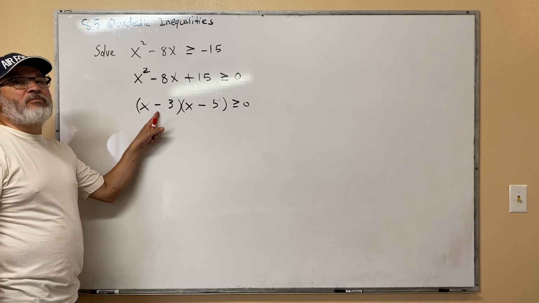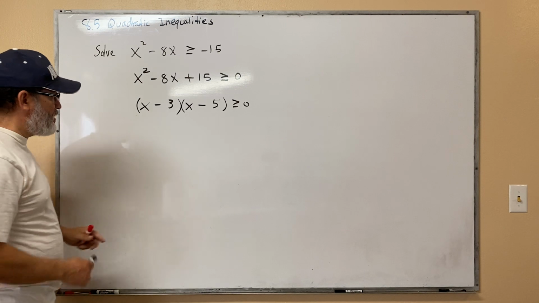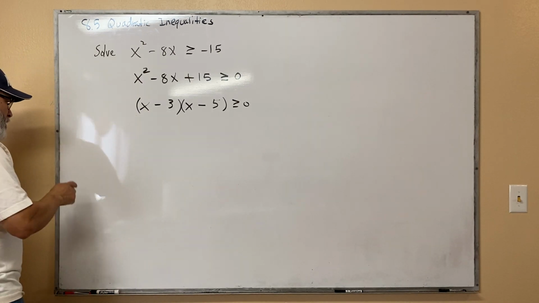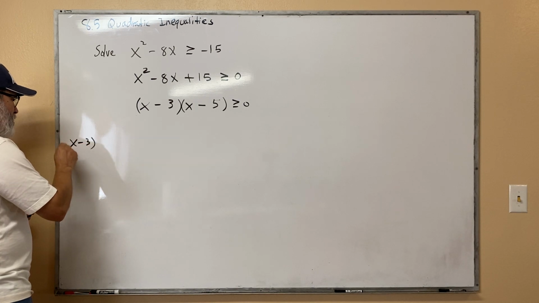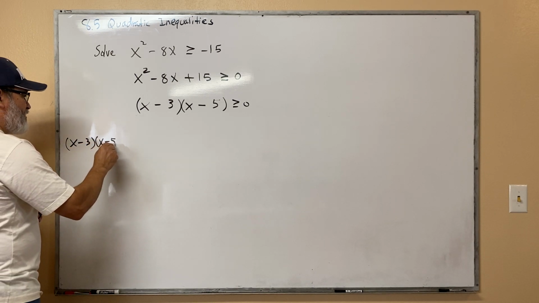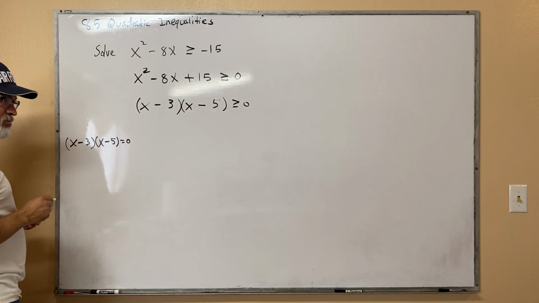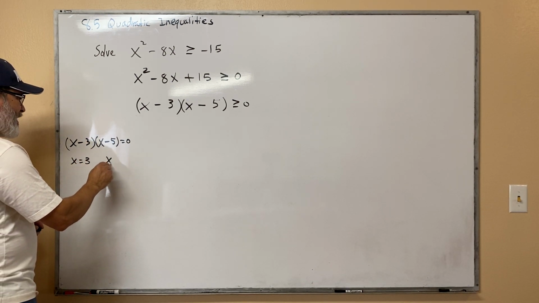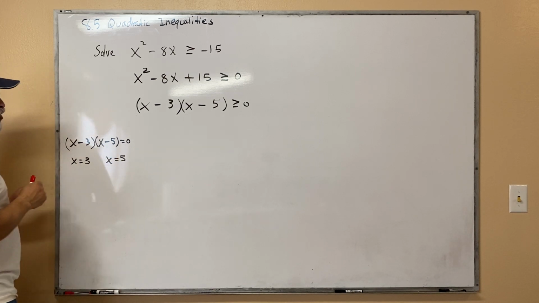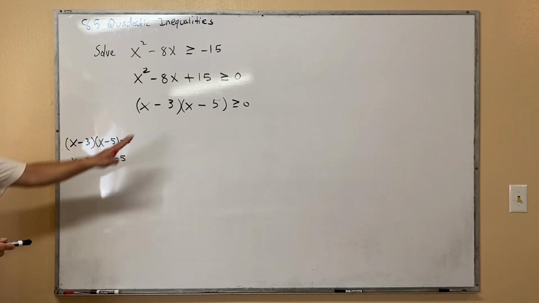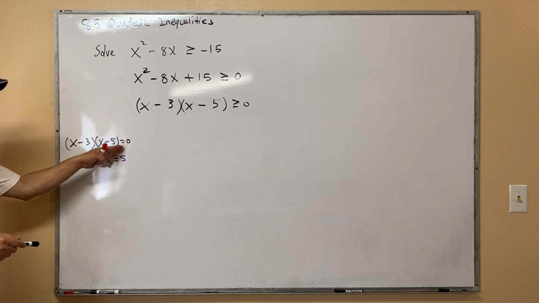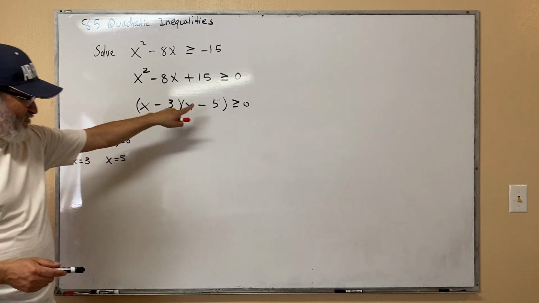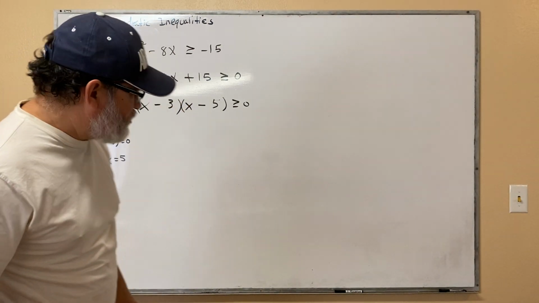To find the boundary values, you set x minus 3 times x minus 5 equals 0. So x equals 3 or x equals 5. You could just see it from the factored form; you don't have to do all of this. 3 and 5 are the boundary values.